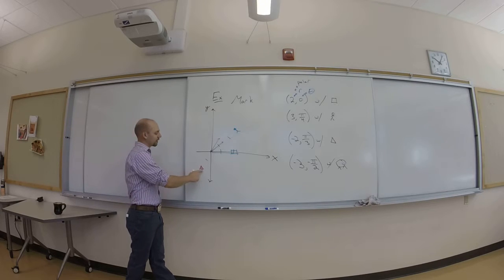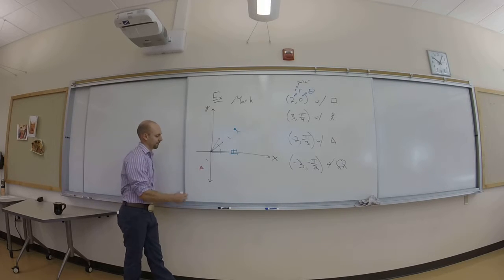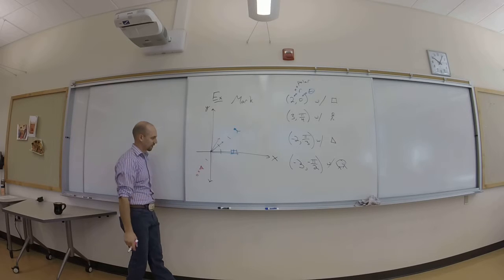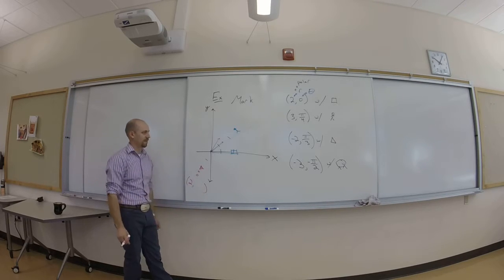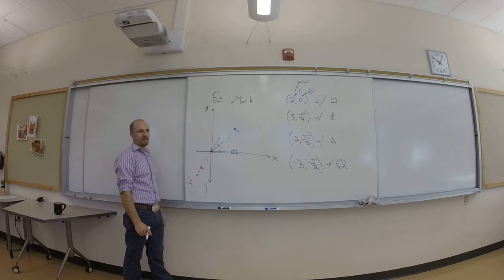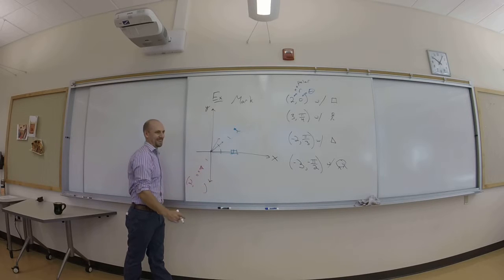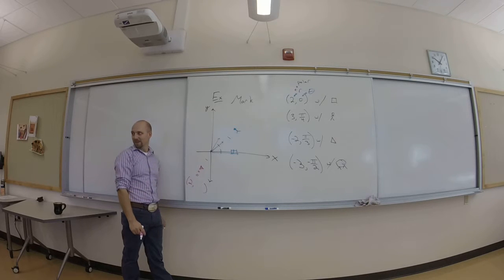So what's another way I could write this point? I could write it as 2, negative pi over 3 is over here. So I need to know what's reflected through this. You guys see what I'm doing?